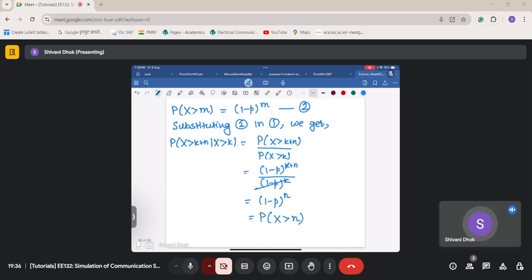So in principle what we are obtaining is probability that x is greater than k plus n given x greater than k is simply equal to probability that x is greater than n. So what it means is, if my x is already greater than k, I have reached a certain point of the random variable, and after that if I want to check whether the random variable has a value greater than n, it has nothing to do with whatever has been observed earlier, which means that there is some sense of memorylessness.